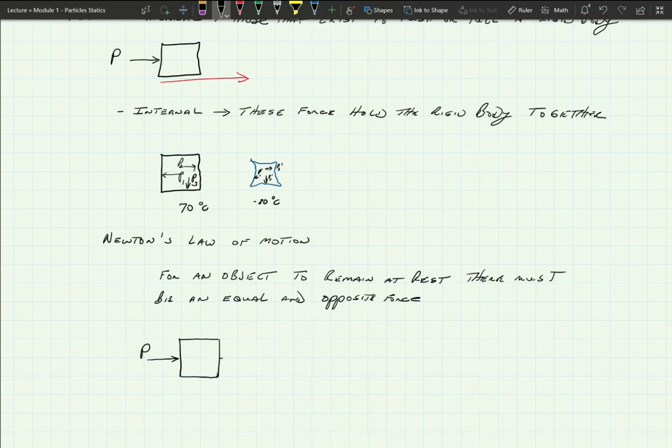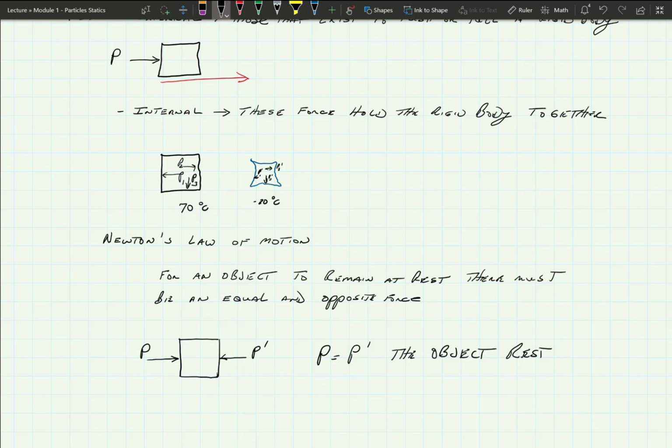But now if I give it an opposite force, we'll call it P prime, then as long as P is equal to P prime, the object will be at rest. No motion, no movement, forces are equal and opposite.